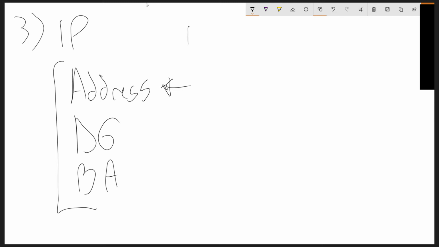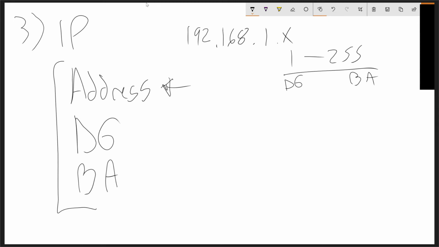So for example, with 192.168.1.x, our range is 1 to 255, and we have two of those allocated. Usually the default gateway is the first and the broadcast address is the last, so we would really have 2 to 254 that we could allocate as host addresses.